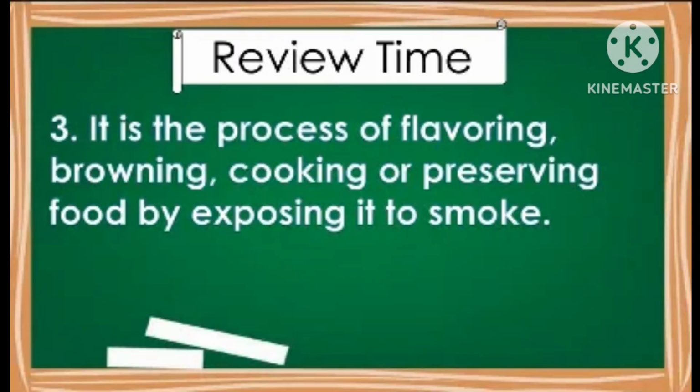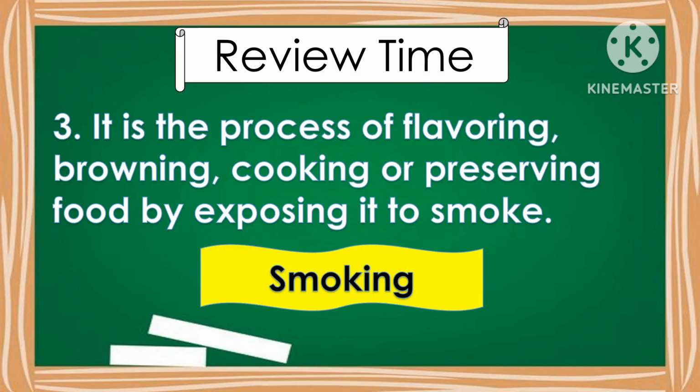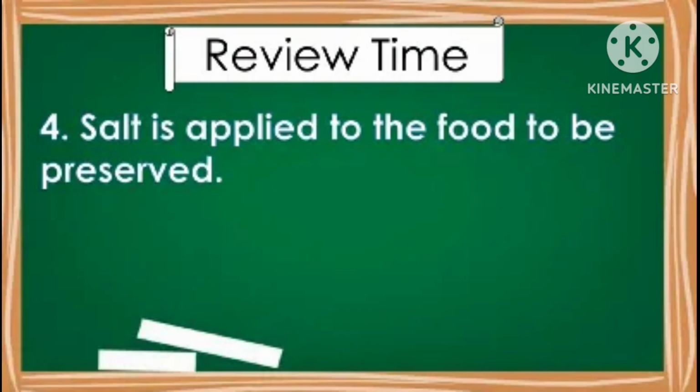Number 3. It is the process of flavoring, browning, cooking, or preserving food by exposing it to smoke. What method is that? If your answer is smoking, then you are correct. Number 4. Salt is applied to the food to be preserved.